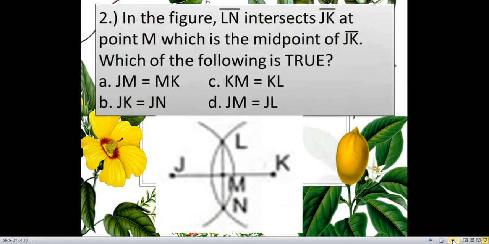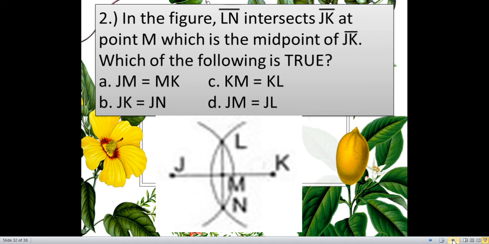For number 2, in the figure, line segment LN intersects line segment JK at point M, which is the midpoint of line segment JK. Which of the following is true? A. JM equals MK. B. JK equals JN. C. KM equals KL.